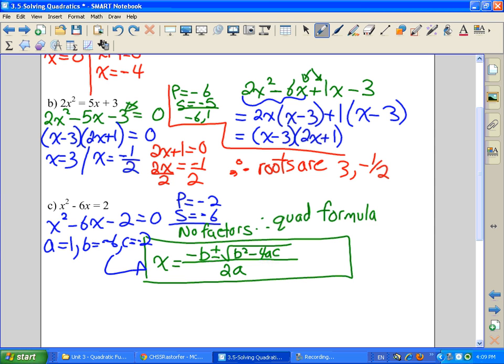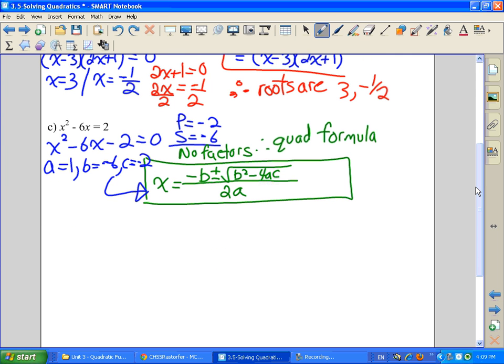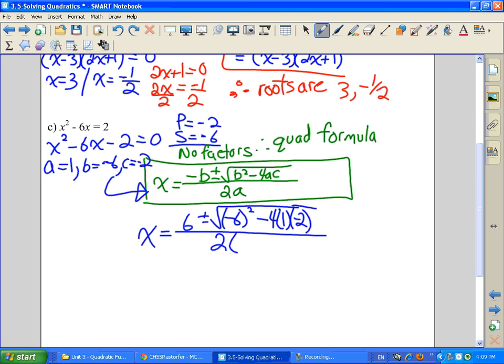So let's sub it in here and solve for our roots. Subbing in, you're going to have x equals negative times a negative makes a positive 6, plus or minus the square root of negative 6 squared minus 4 times negative 1 times negative 2, and that's all over 2 times 1.